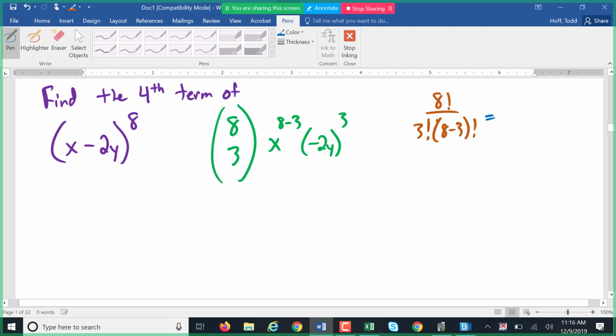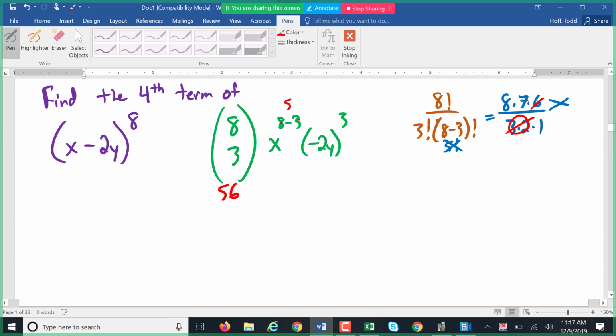Again, 8 minus 3 is 5, so that's 5 factorial. So this is 8 times 7 times 6, and the 5 and below cancel out with the 5 factorial. We have 3 times 2 times 1. And we could notice that 3 times 2 is 6, so we can cancel out the 6. That's just 8 times 7, which is 56 for that coefficient.